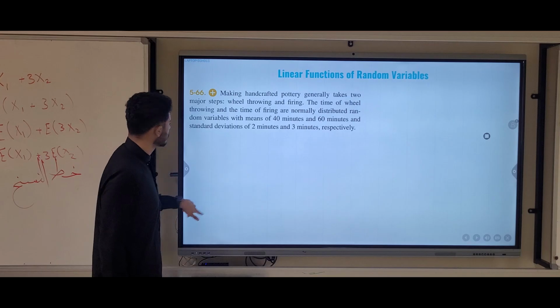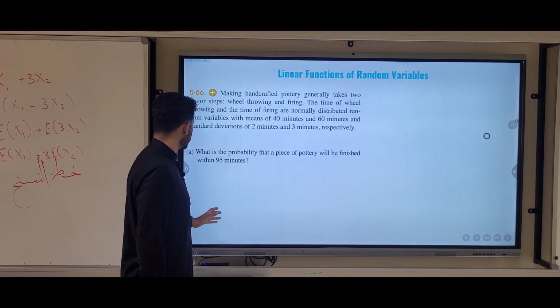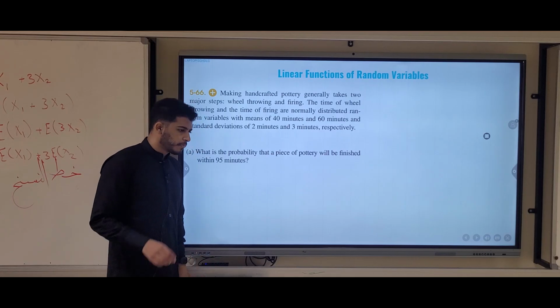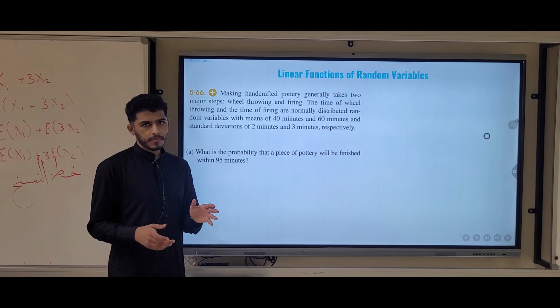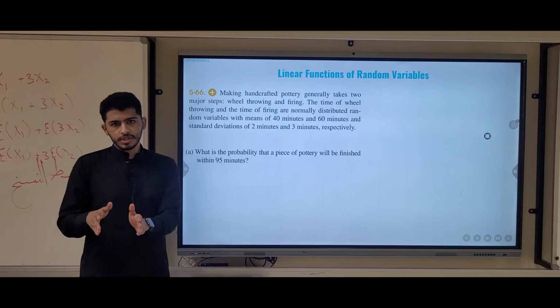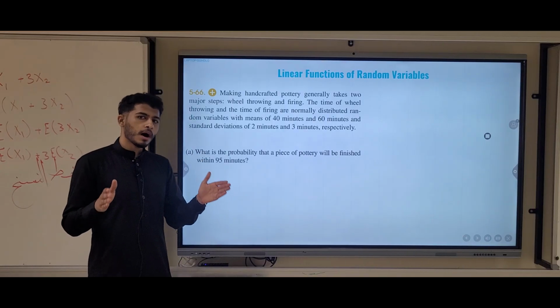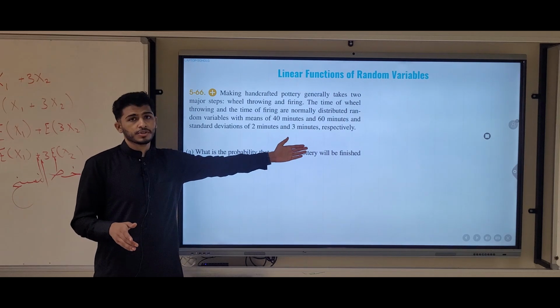Okay, what do you want from us? What's the probability that a piece of pottery will be finished in 95 minutes? A piece of pottery being finished means that it finished both of these steps. So the time until it finishes step 1 and the time until it finishes step 2, these 2 make up the time until a piece of pottery is finished.